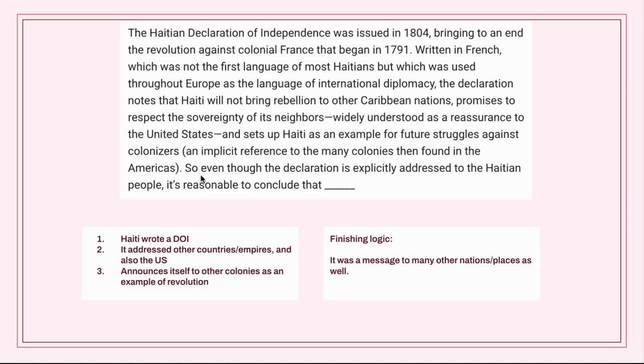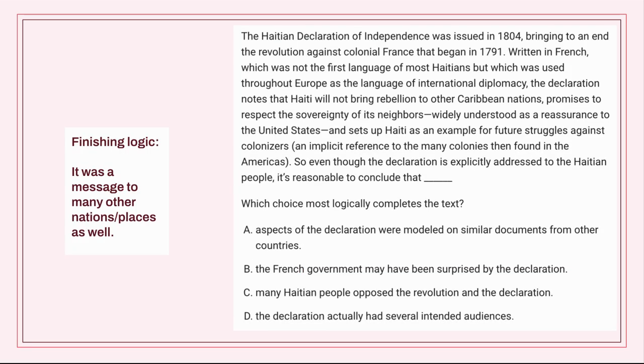Again, note that since this last sentence, it needs to be something about who the declaration is addressed to, because you want to contradict the fact that it's just addressed to the Haitian people. It's also addressed to other nations and places as a message of its new independence. So take a minute to see which one matches up best with this finishing the logic.